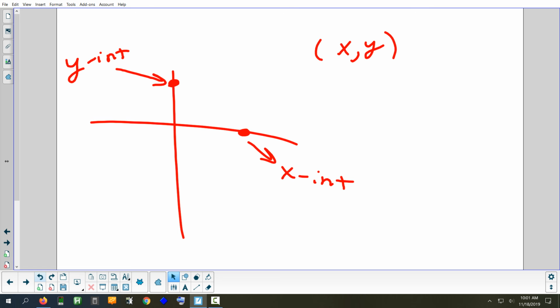Let's look at the x-intercept. Look at this point. How far up and down? That's the y. How far up and down do you go to get to the x-intercept? If you started at the origin, how far up and down do you go to get to the x-intercept?